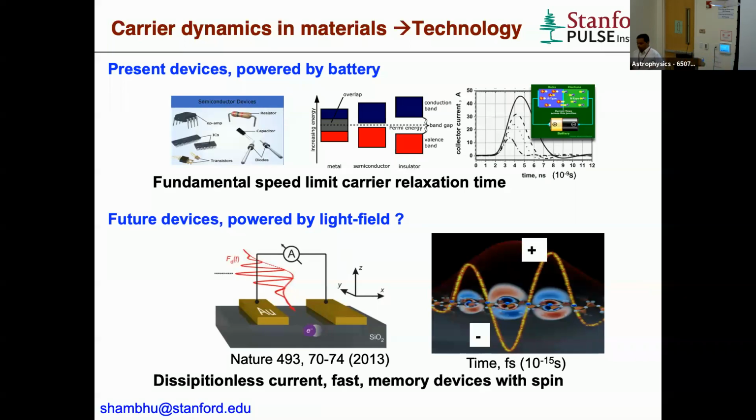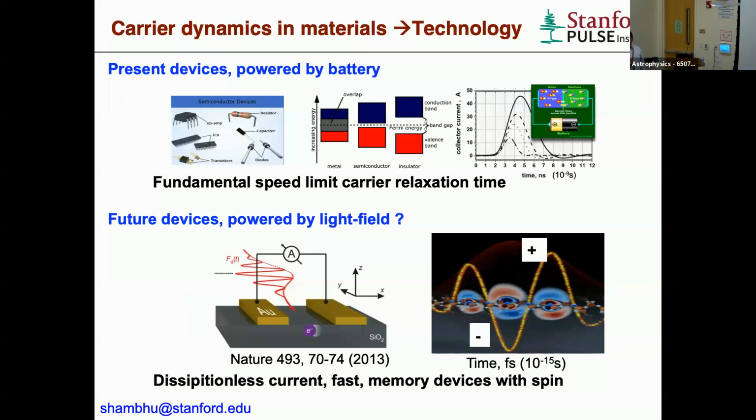As you know, in these familiar devices, one of the fundamental limitations could be the finite relaxation time of the carriers in their conduction band. And they are generally powered by battery. Because of this finite relaxation time, which is typically nanoseconds, though it depends on the materials, you have your gigahertz oscilloscope trace.